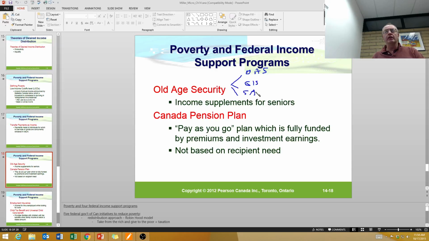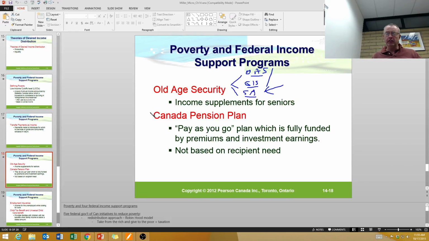A spousal allowance is paid to a member of a family whose sole source of income is old age security or guaranteed income supplement. So if they don't have any other private savings or private pension plans, then you're eligible for this special allowance.